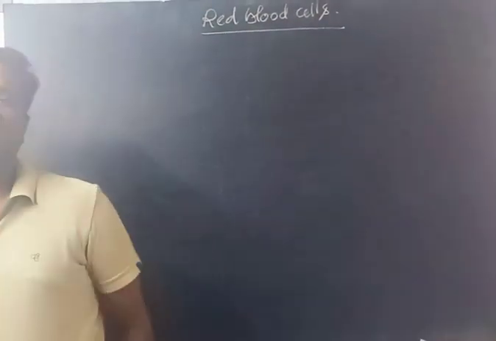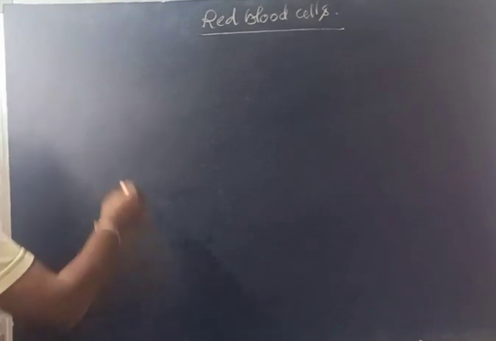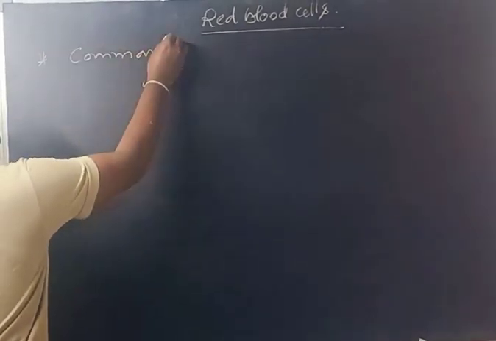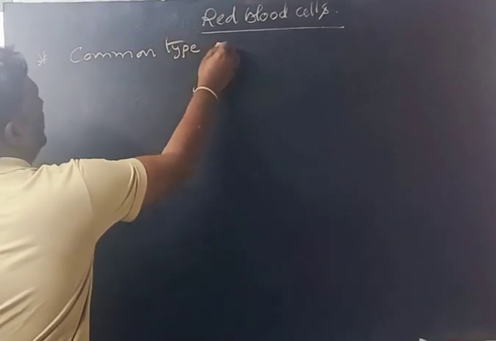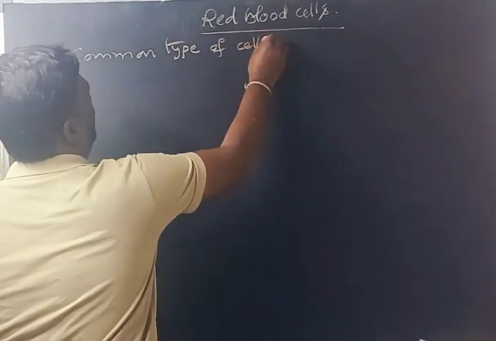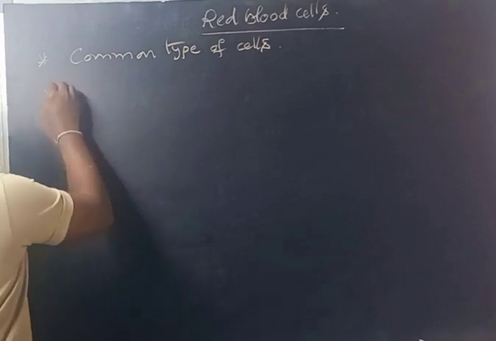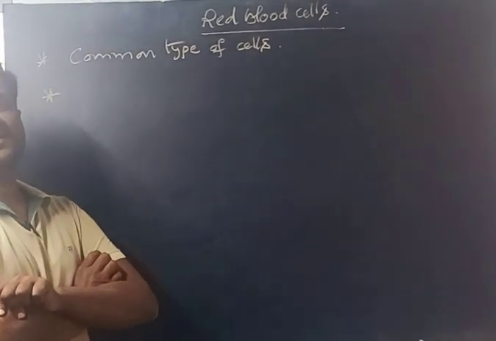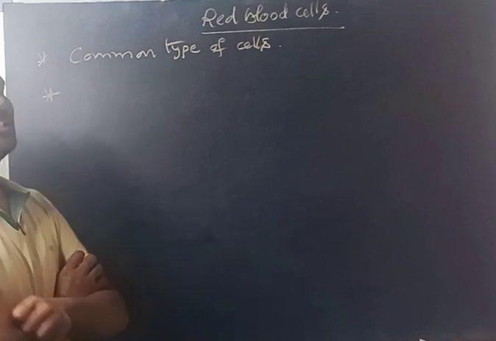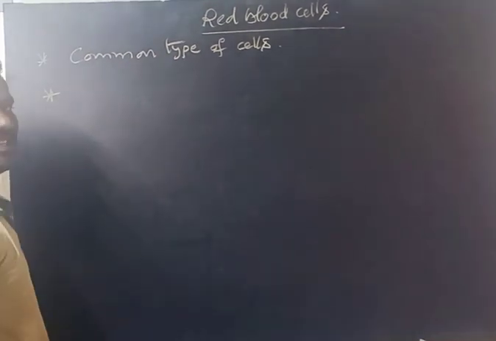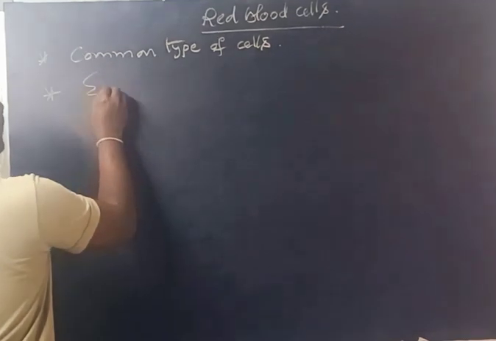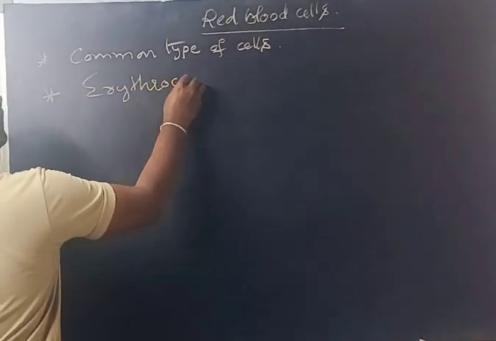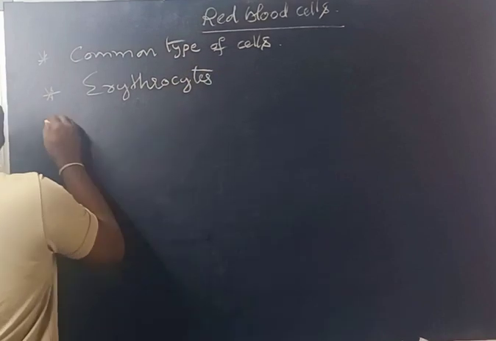These are the common type of cells in our blood. They are also called erythrocytes because of their red color.